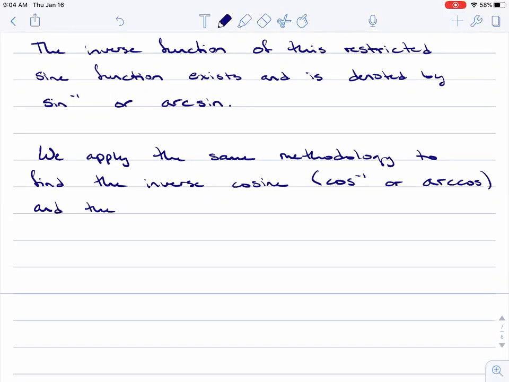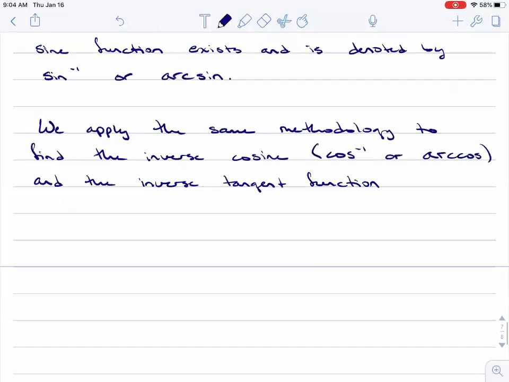And the inverse tangent function, same thing, tan to the -1 or arctan. Usually it ends up being a matter of what's easier to write, what sounds better, what looks better. So we use these interchangeably.